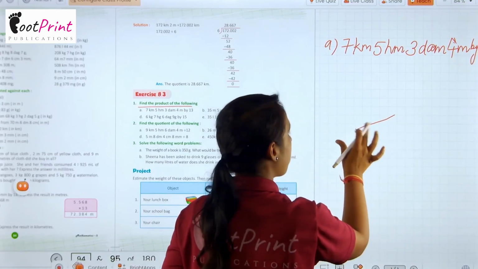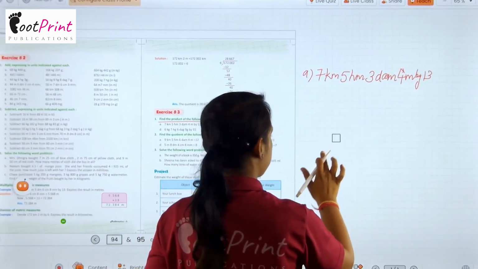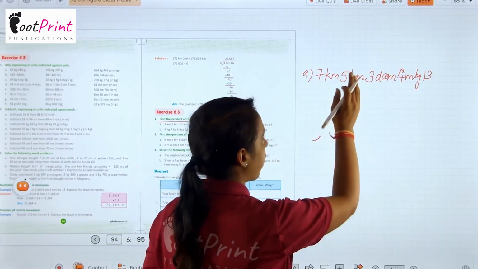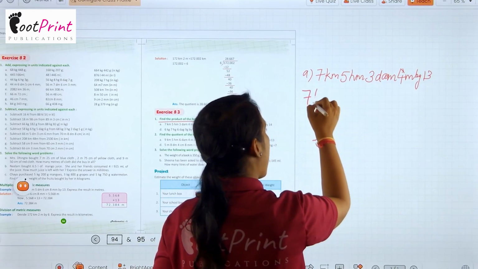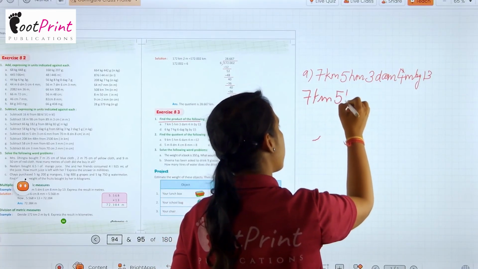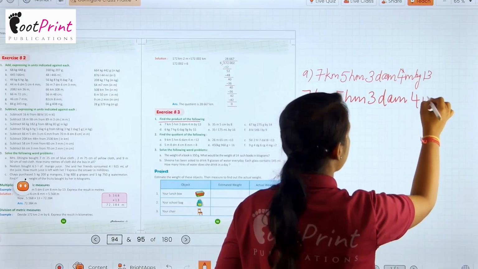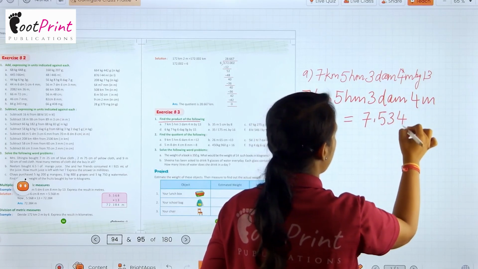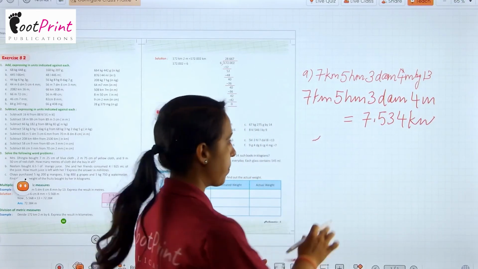Okay, so how do we multiply it? Let's see here. If we convert it into decimal, we can write it as 7.534 kilometer.